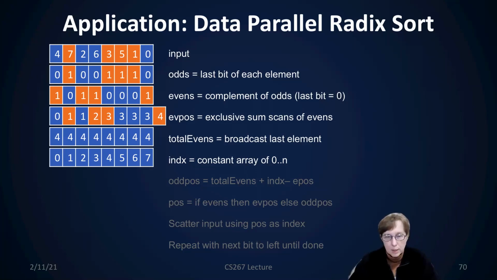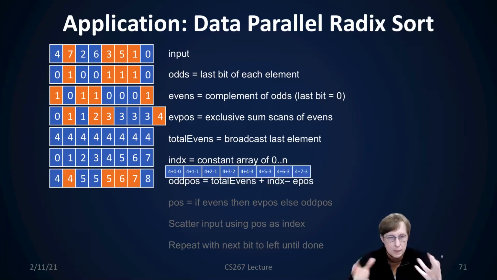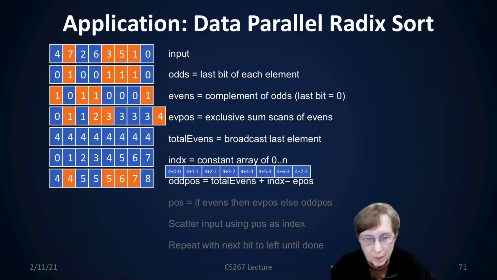So this is just a constant array that we can make up based on, say, your thread ID, for example. And then we're going to compute the indexed odd positions, which has this little formula that's looking at the total number of evens.